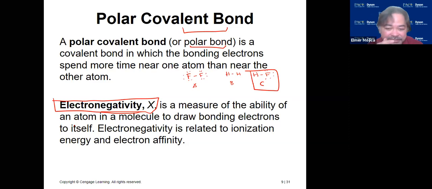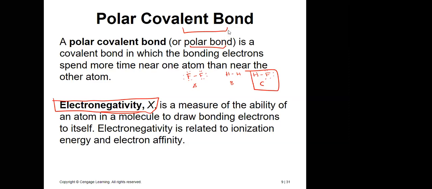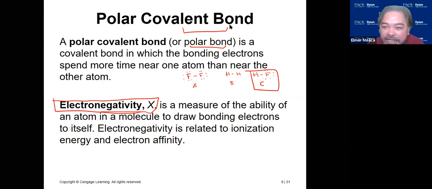As it says here, electronegativity is related to ionization energy. Who has high ionization energy, the small or the big atoms? Small. The smaller atoms usually have a high ionization energy. Now imagine if you're smaller, that means you can attract your electron, just saying, hey, come here.